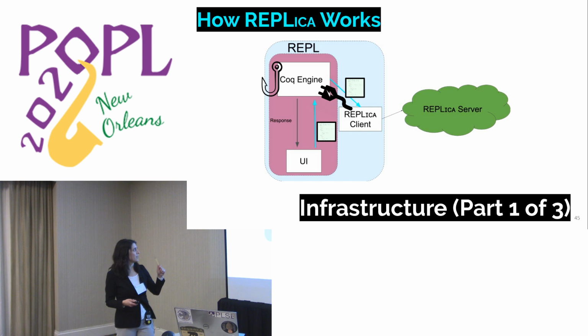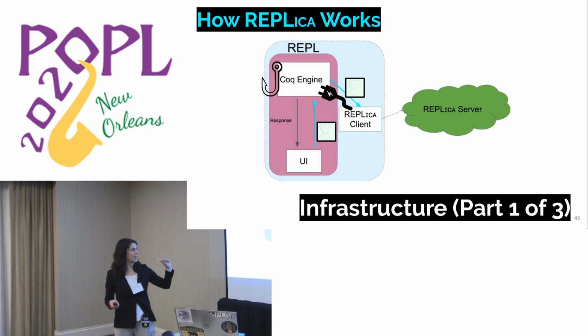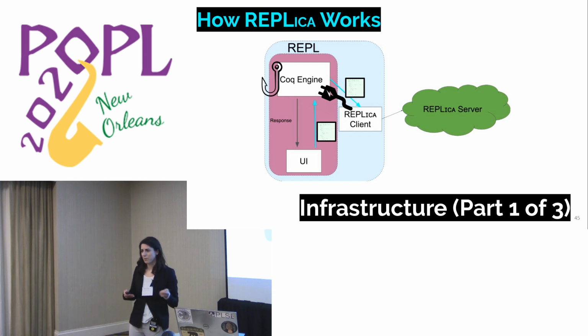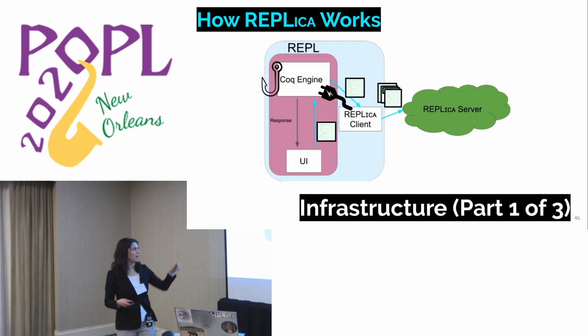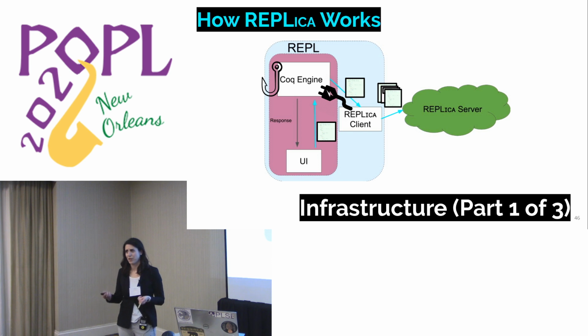And this works using these hooks that we've built into Coq 8.10 with the help of the Coq developers, especially Emilio. And that lets the plugin actually listen in on information from the REPL. So then, once the client gets a bunch of these, it will send them off in small batches to the server so that we can later reconstruct it for analysis.